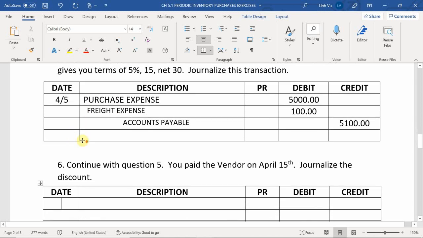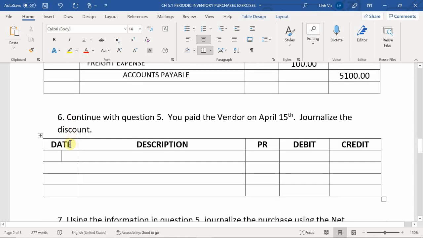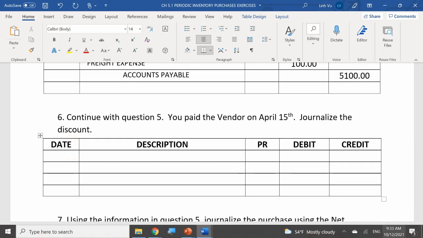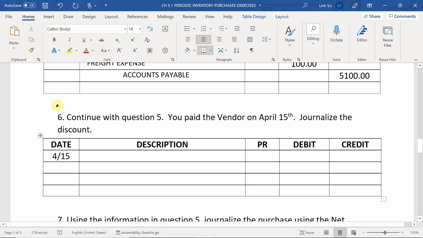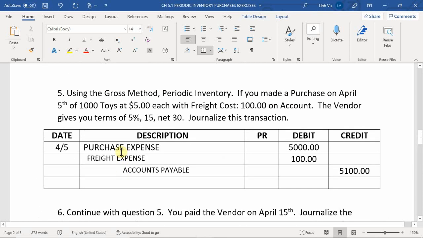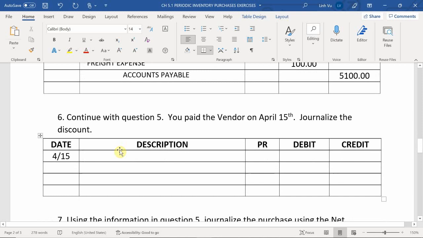So the date here is going to be April 15. Did I make the discount or did I miss it? You were on time. You paid within the discount period. So how am I going to record this payment?